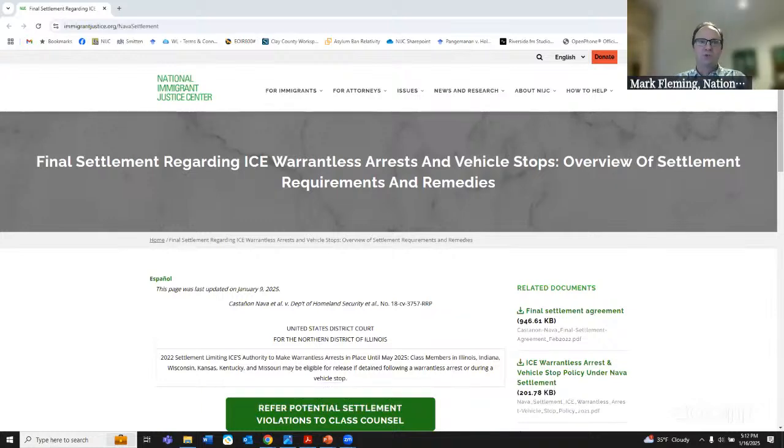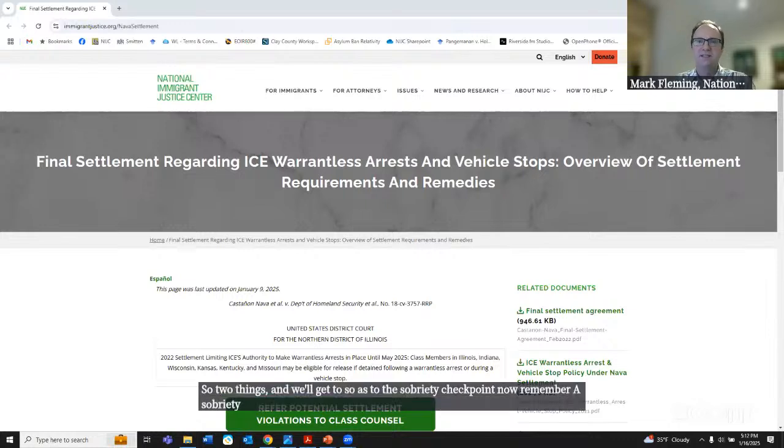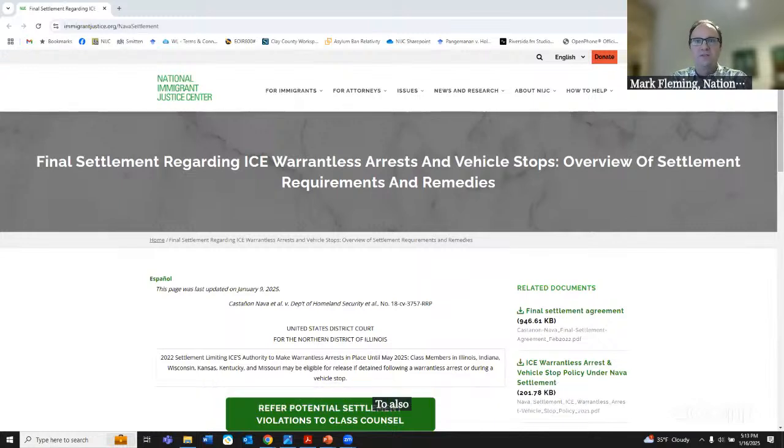So two things. As to the sobriety checkpoint, remember, a sobriety checkpoint is going to be state and local law enforcement agents. If they've been deputized to do immigration, the policy definitely comes in to the extent that they are also trying to do enforcement, and thus they would be required to follow the policy.